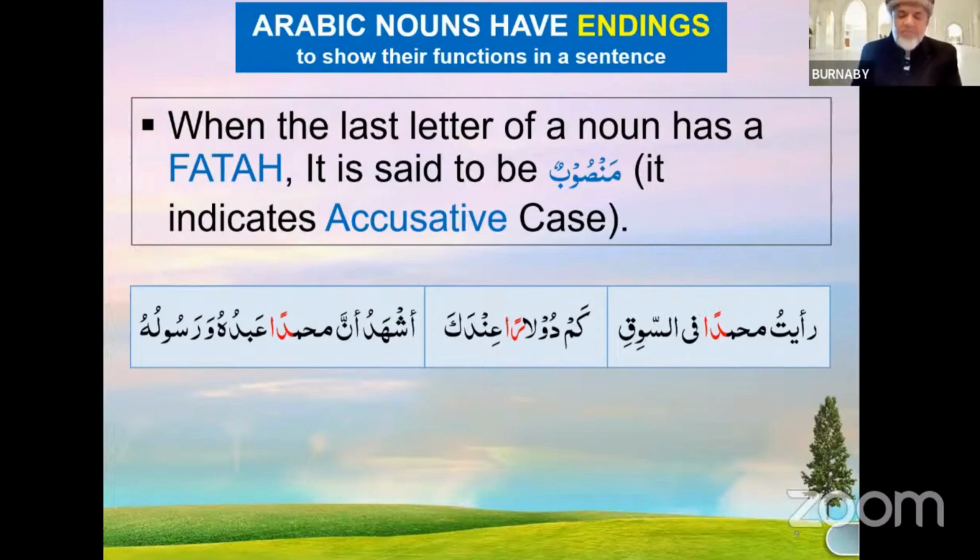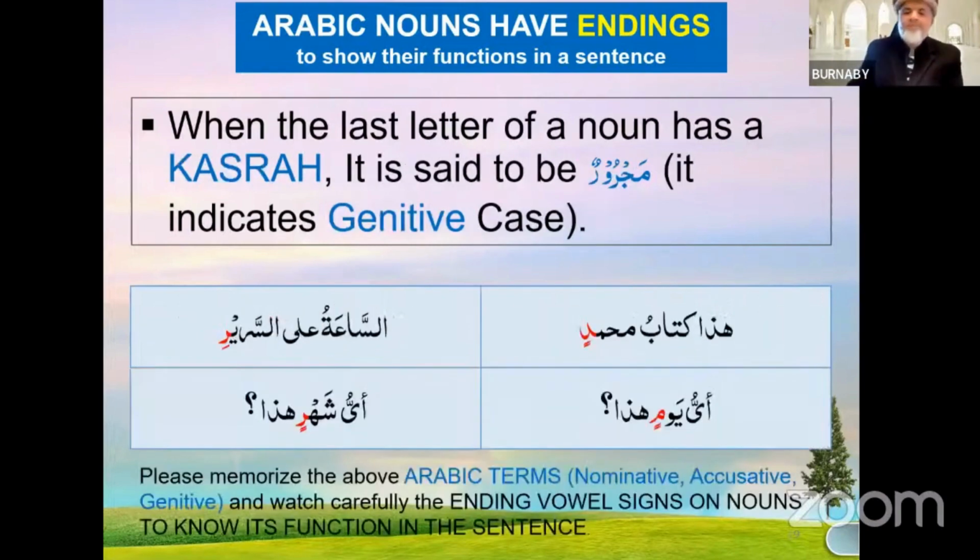If he's an object, what status should he have? Nasab. Is he masculine? Yes. Do we see the extra alif at the end? And do we see the fathatan? MashaAllah. Are we getting the hang of it now? Why it's not that hard? Good.